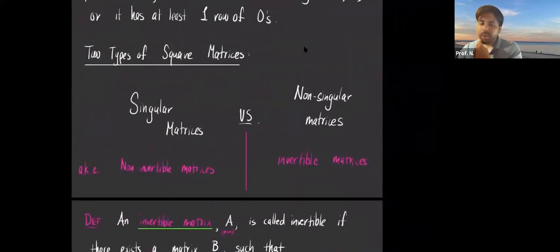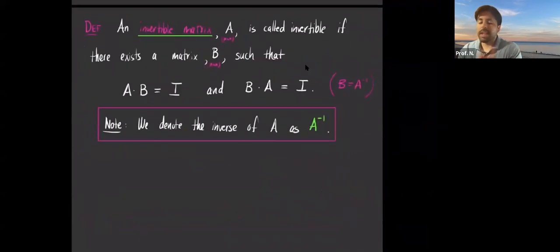So we're starting to go down the rabbit hole with this. There's square and non-square matrices, and we're going to be particularly concerned with the square matrices. Now we're going into singular matrices versus non-singular matrices, or non-invertible versus invertible matrices. We care about whether or not matrices have an inverse to begin with.